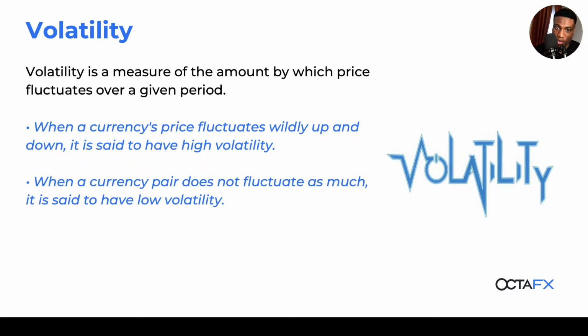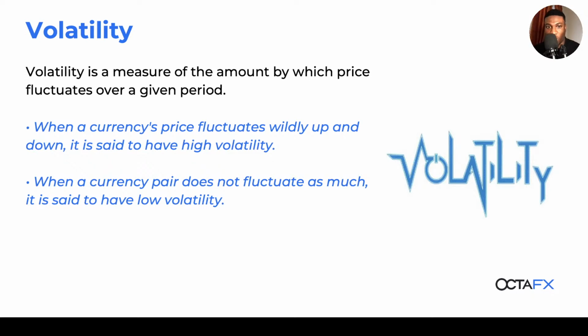So if the market never moved, traders would not make money, right? So we need the market to move, we need the market to be volatile so that we can take advantage of the market's volatility and look for opportunities to buy and sell. Now, when a currency's price fluctuates wildly up and down, it is said to have high volatility.